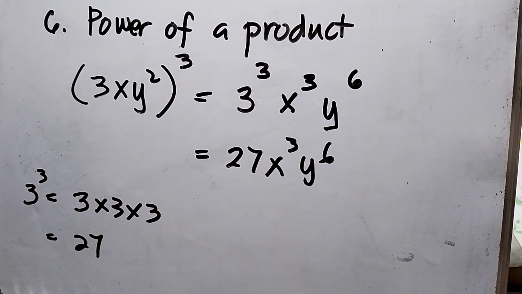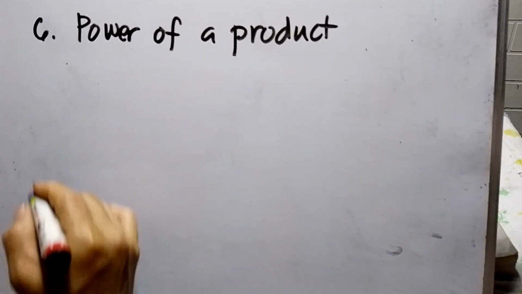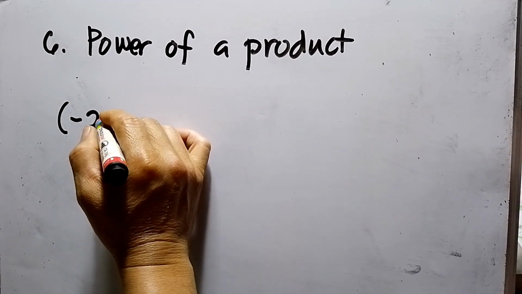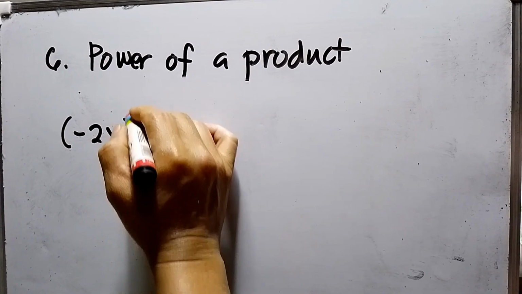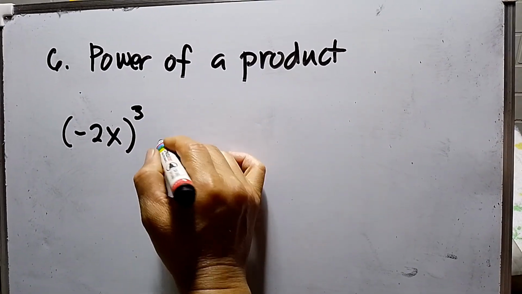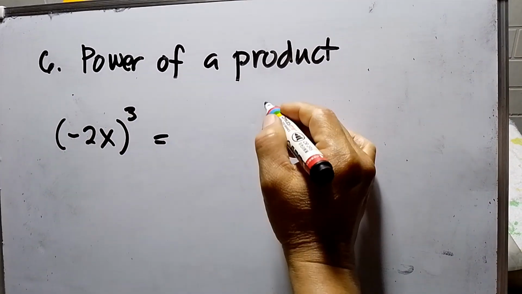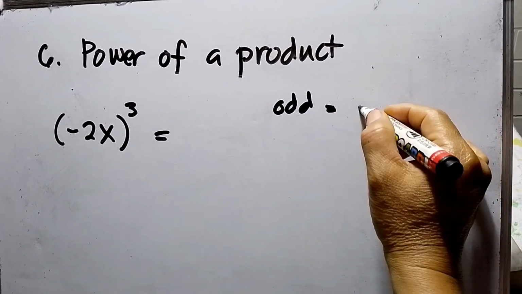Another example. Negative 2x, raised to the third power, is equal to... So take note, if the exponent is odd, the sign must be negative.